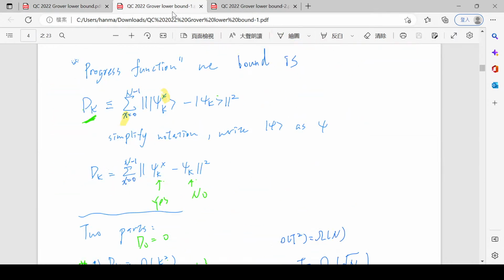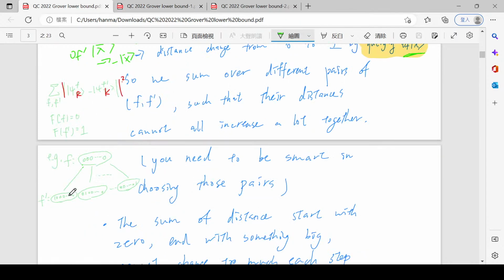So we are summing over this distance, which is just the vector difference. We take the difference of those two vectors, take the norm squared, then sum over all possible x, the location of this one.